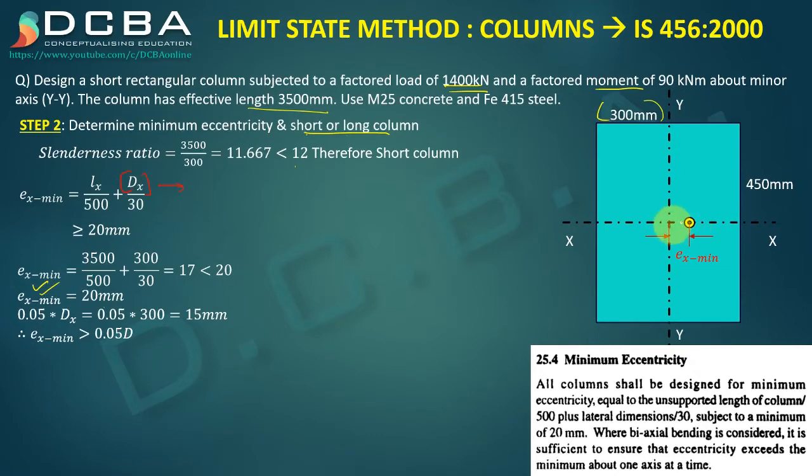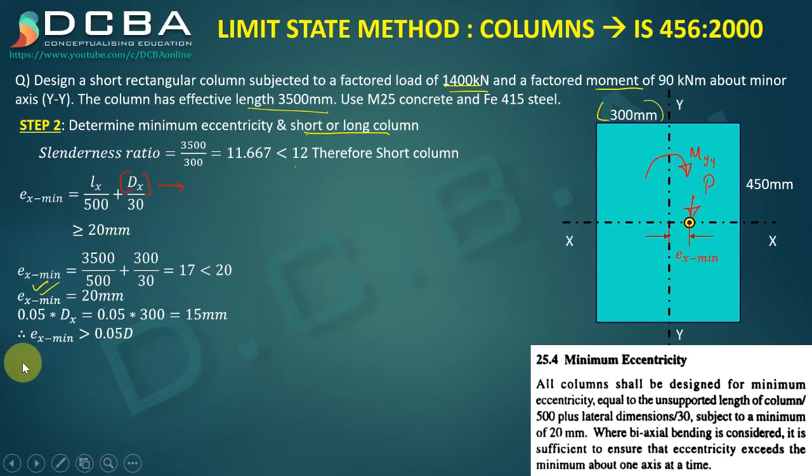If it is acting at this eccentricity, definitely it will create a moment that is 1400 multiplied by this perpendicular distance. That moment will be created about minor axis, because if this is the load P, then P into Ex minimum is going to generate a moment like this. So this moment is about YY or about minor axis.